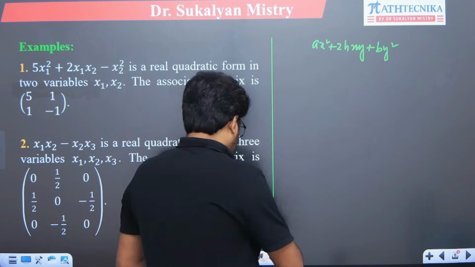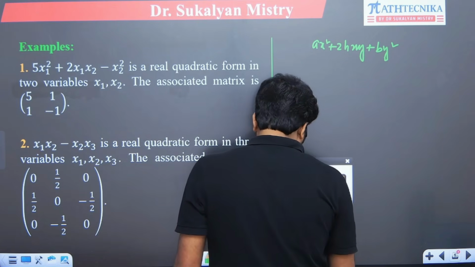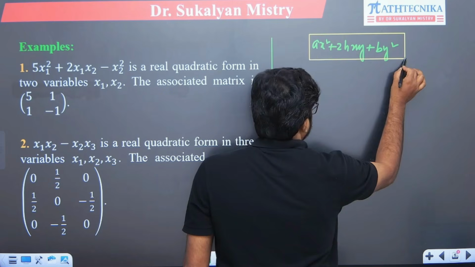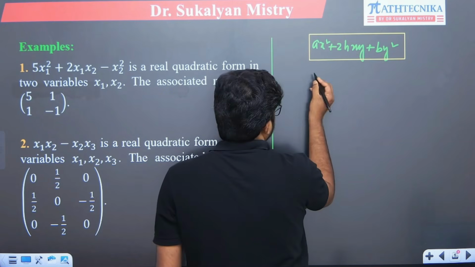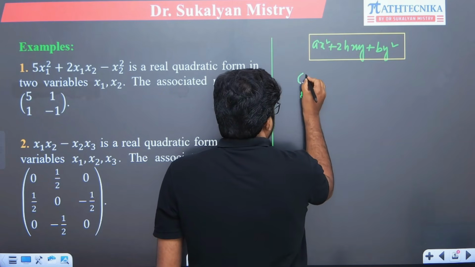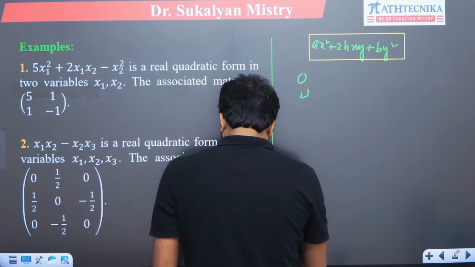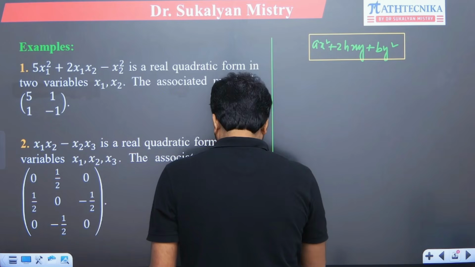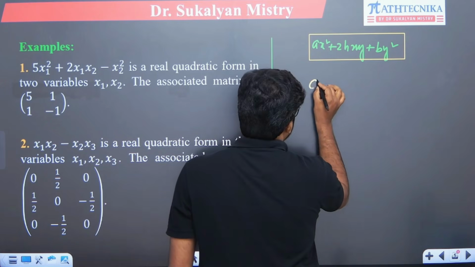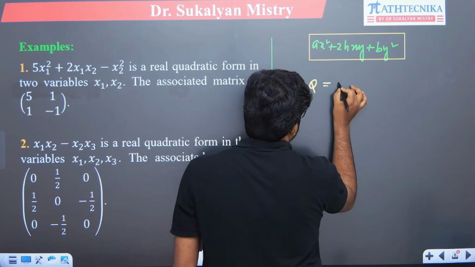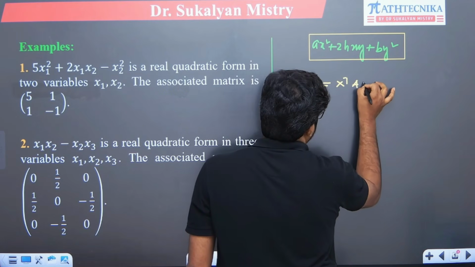Okay, so if we express this in quadratic form, in matrix form, what is the quadratic form? Q in matrix form. This expression can be written in the form x transpose A x, right?